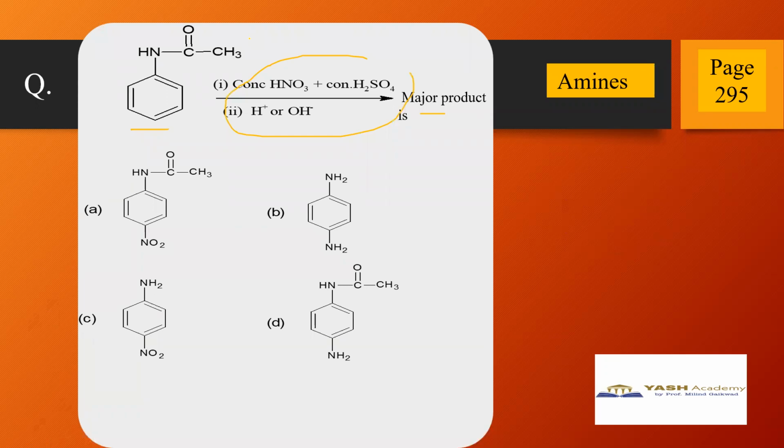And this acetanilide means here NH2 group is protected by acetylation so as to obtain the para nitroaniline as a major product. First step nitration by using nitrating mixture and second step either hydrolysis, alkali or acid hydrolysis. So here final answer option of this question is C असणार आहे. Amines, page number 295.